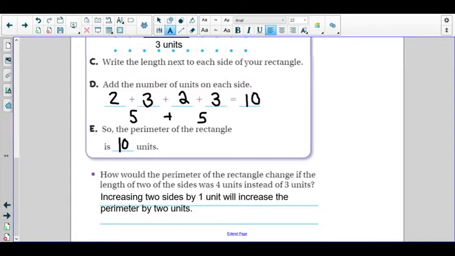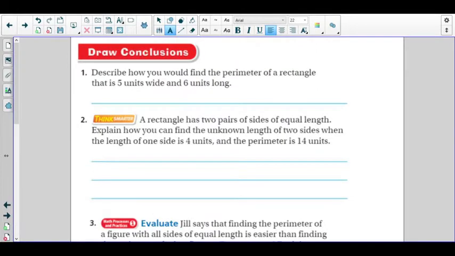So let's move right along and take a look at the next page. All right, so we're going to get a chance here to work with some of these concepts. For the first one here, describe how you would find the perimeter of a rectangle that is 5 units wide, 6 units long.